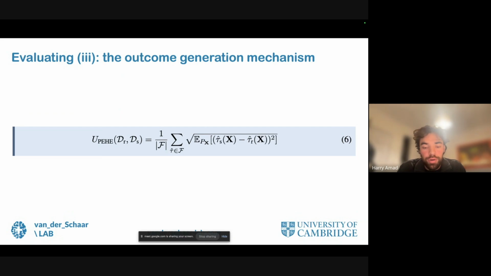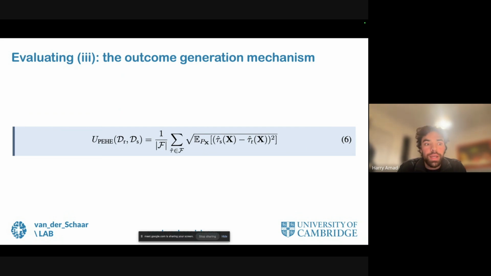This can be done in a number of ways, but an easy way would be to train a regressor on all the untreated data, and another on all the treated data, to regress the outcome variable. Then you would predict the conditional average difference between the treated and untreated from these two regressors, and that would be the CATE estimate, or the treatment effect estimate. So that's one naive way to do it.